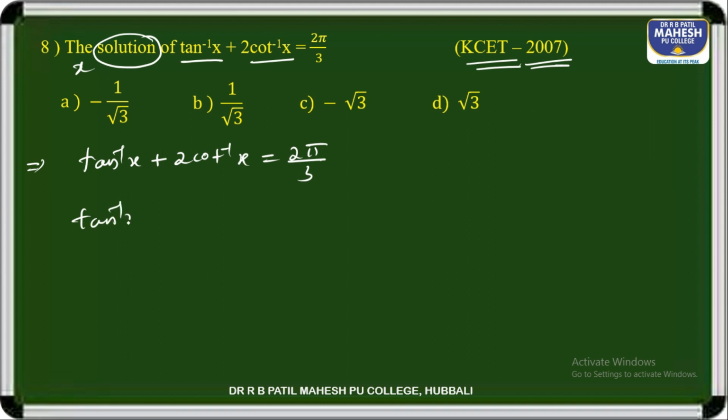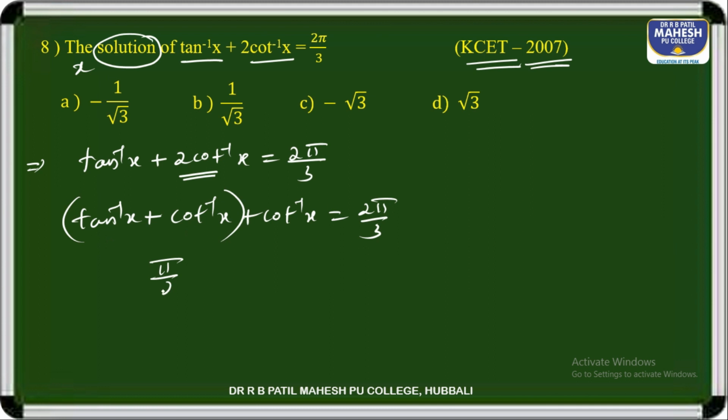Why can't we write 2 cot inverse x as cot inverse x plus cot inverse x? Did you understand why I am writing cot inverse x plus cot inverse x? Because I am going to use a property of inverse trigonometry, that is tan inverse x plus cot inverse x as pi by 2, and plus cot inverse x. So that's why I have written 2 times cot inverse x as cot inverse x plus cot inverse x.